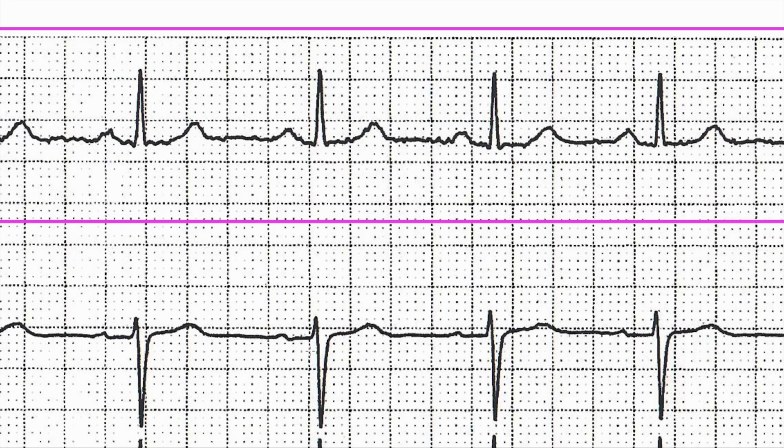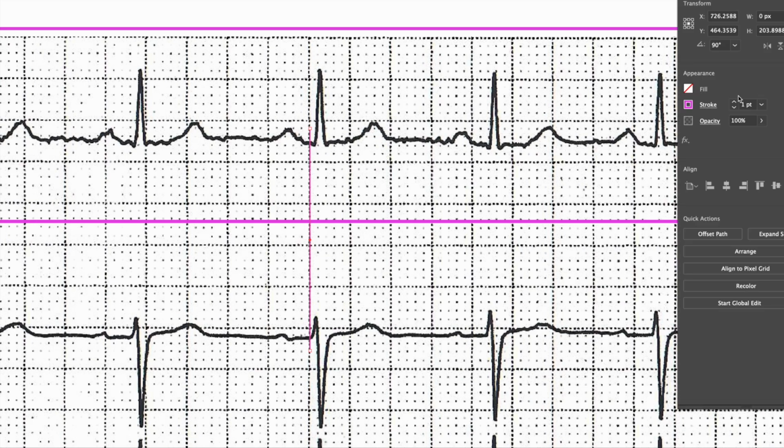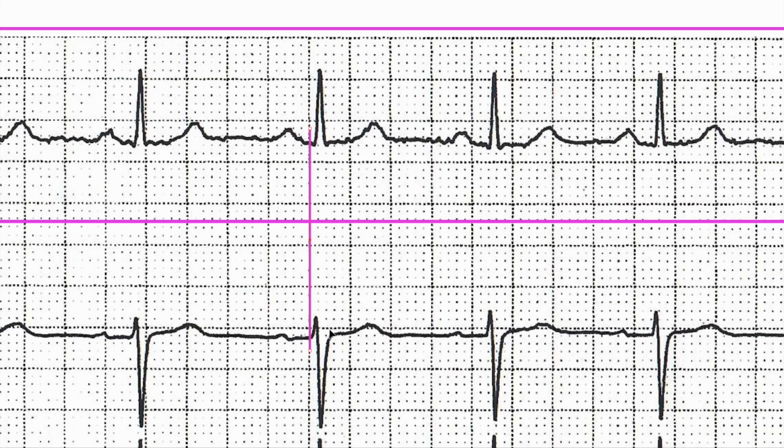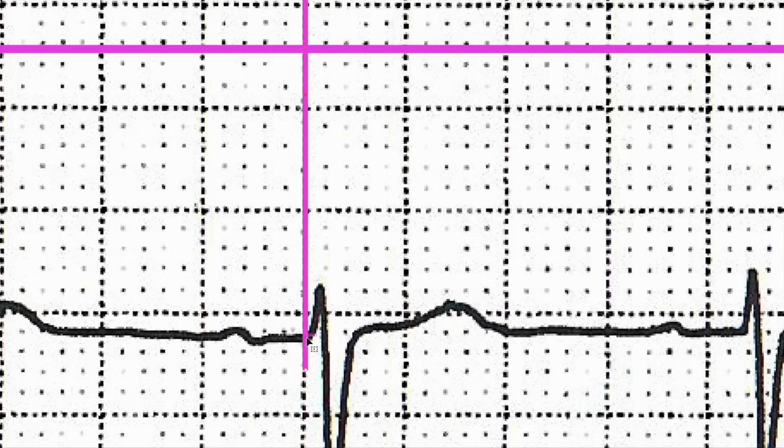So here, I'm going to draw a line up here, and this is a good trick to use. Sorry, let me make this line a little bit thicker. Okay, good. So here I'm measuring the QRS from the right, and where the R wave starts, where the depolarization starts going up, your first upstroke.